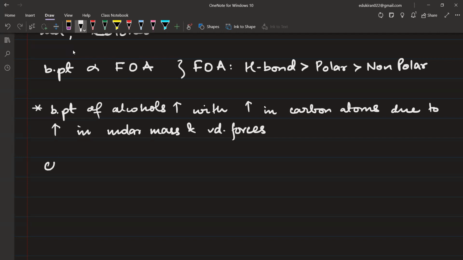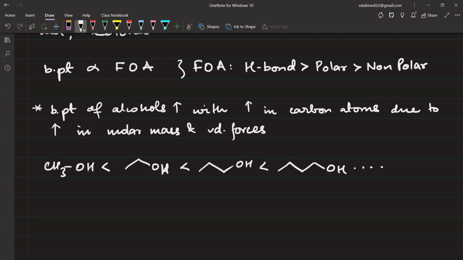Okay, so if I have CH3OH, one carbon atom, this will be having less boiling point than two carbon atoms OH, less boiling point than three carbon atoms OH. The fourth carbon atom OH will be having even more boiling point, and so on. Got it, guys? Yes or no, please tell me.